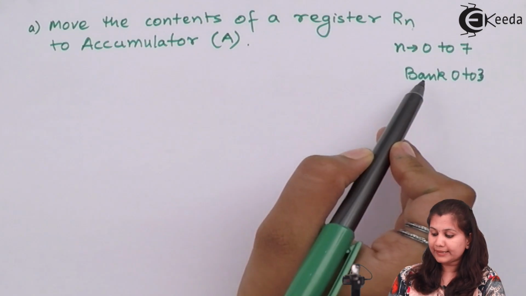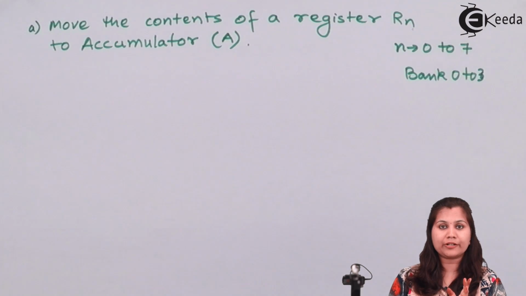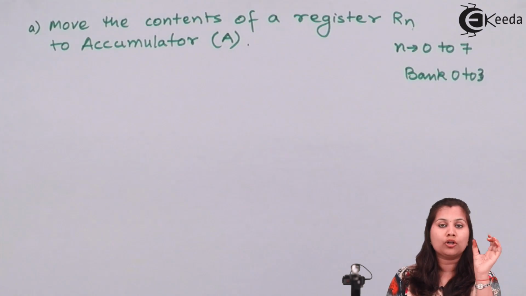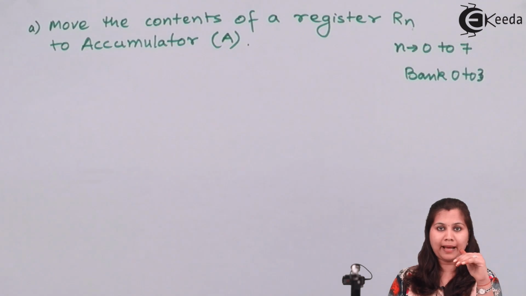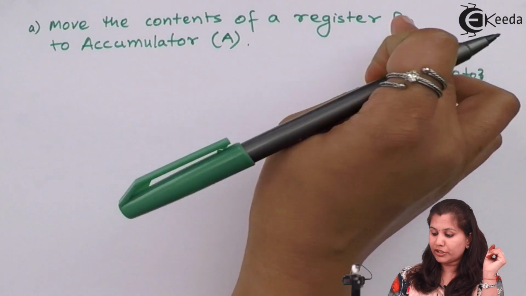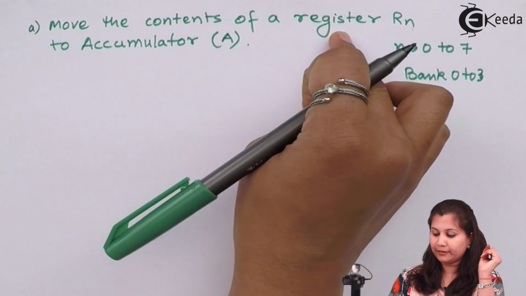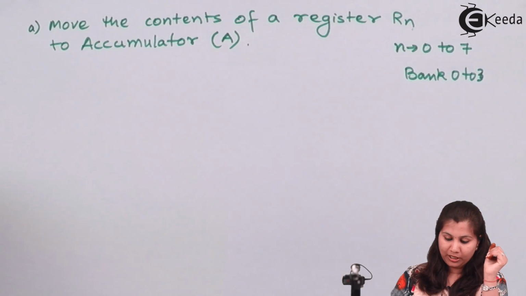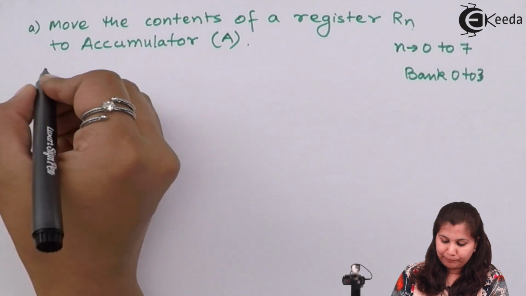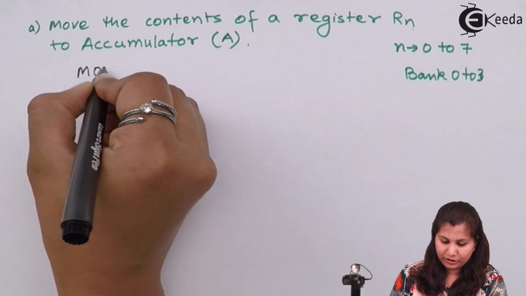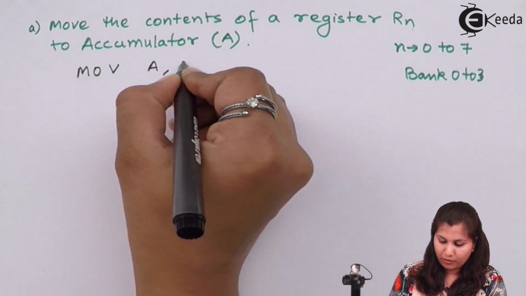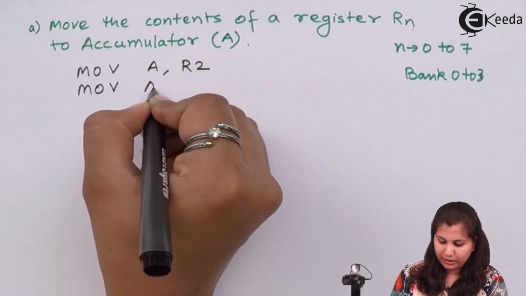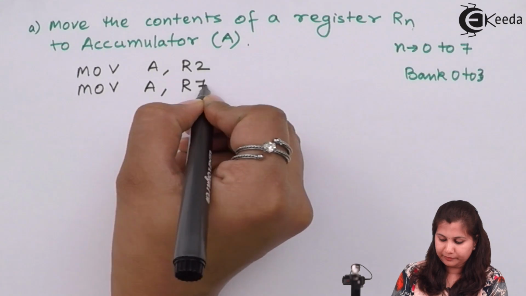And how is the bank selected? We have the bank selection bits in the program status word of the 8051, so from there we can select the bank. The contents of the registers of that selected bank will be copied to the accumulator. For example, we have MOV A, R2 or MOV A, R7.